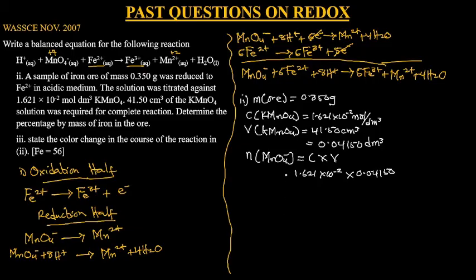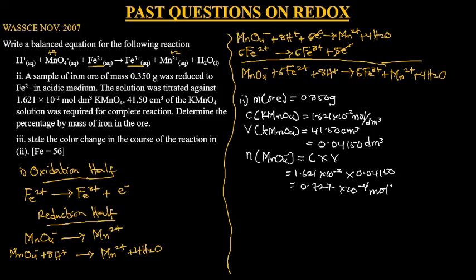Okay, and what do we get? We are going to have a total of 0.727 times 10 exponent minus 4 mole. So that is the mole of MnO4 that reacted.